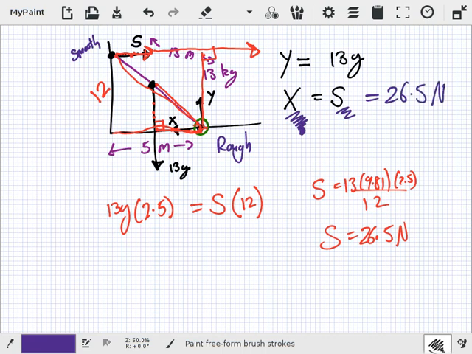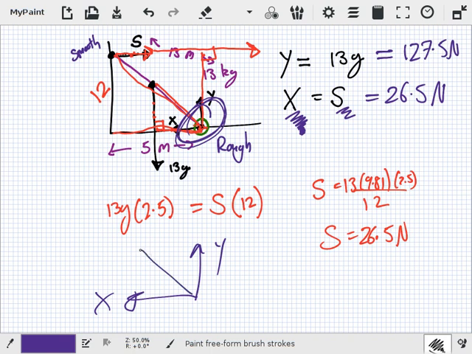And by the way, Steve, since you have the calculator there, what is 13g? If you never worked that out, 13 times 9.81. 127.5 newtons. So my question is, what is the angle here? So you have an x, you have a y, you have a force here, and I want this angle. So how do I get this angle theta? What is it equal to? Tan inverse of y over x.